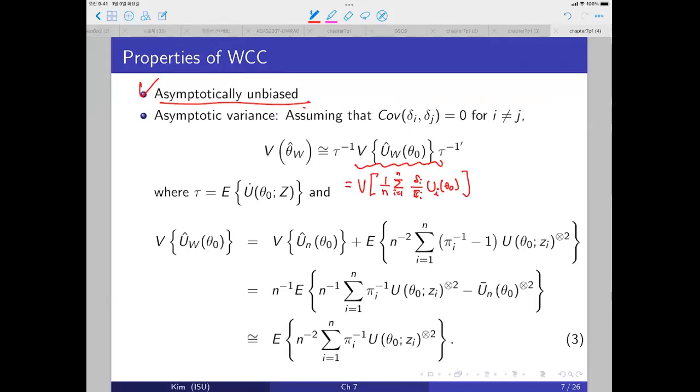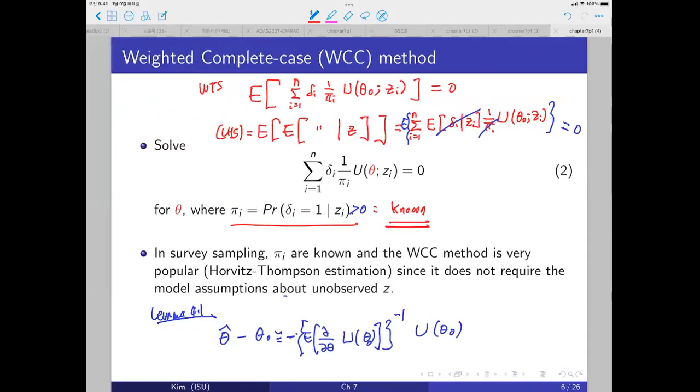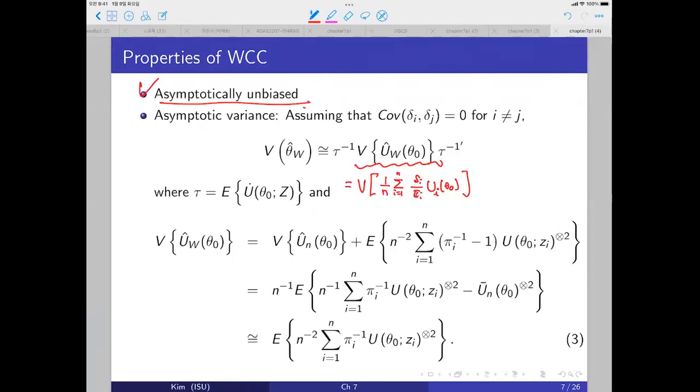We are interested in evaluating the variance of the weighted U I. Because we used the conditional expectation before, we use the law of total variance here. We want the variance of the conditional expectation plus the expectation of the conditional variance.